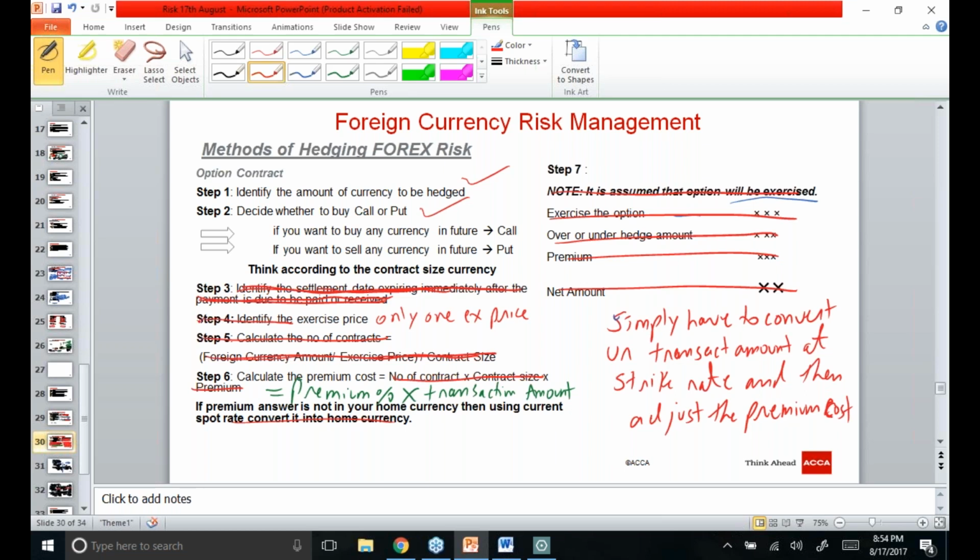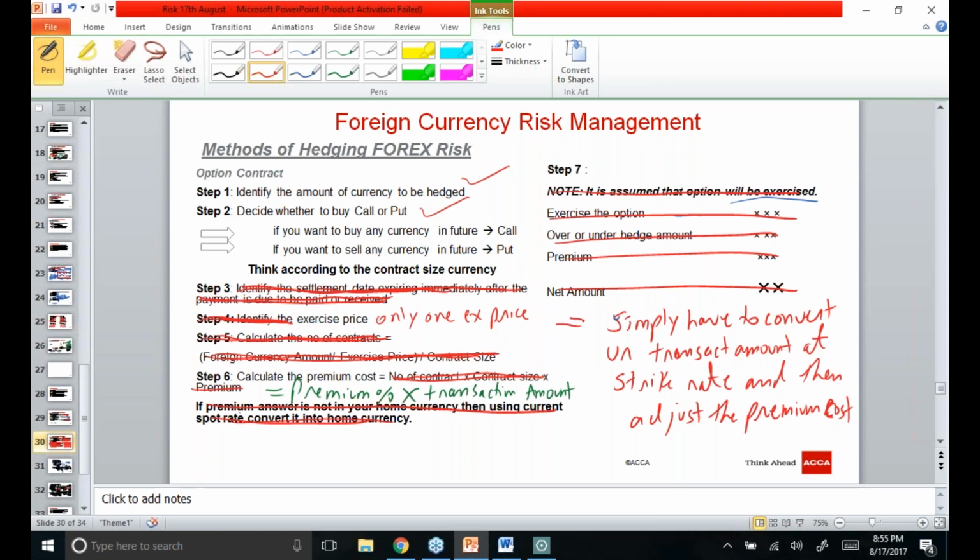You do not have to identify the exercise price. Only one exercise price will be given. There will be no fifth step. You will not have to calculate premium cost the way we used to calculate, and you do not have to solve the 7 steps like we have done in exchange traded.